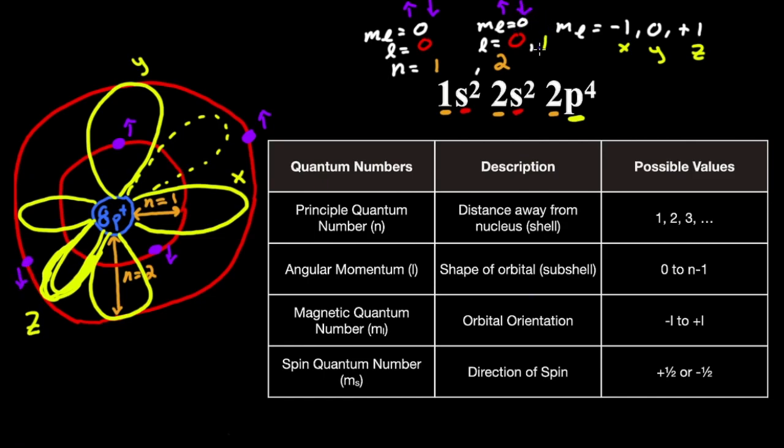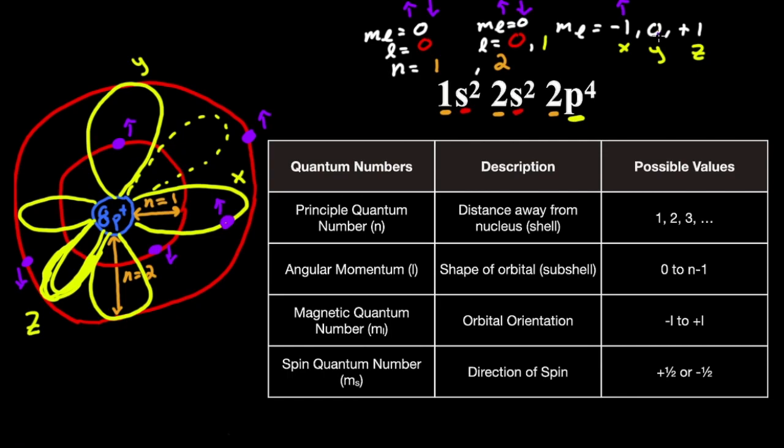And so now we'll move on to this 2p4 right here. Now the 2p4, we have 1, 2, 3 orientations, and so we're going to start filling those in. I'll start off filling up this x right here, so we'll put an electron right in here, and this will be a spin up. We cannot put another electron in this same orbital because electrons want to be spaced out as much as possible.